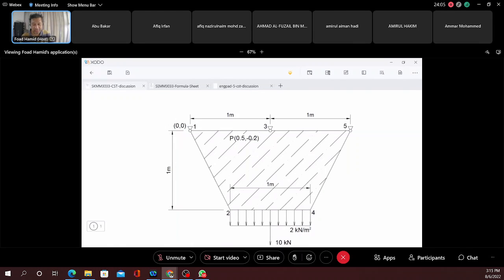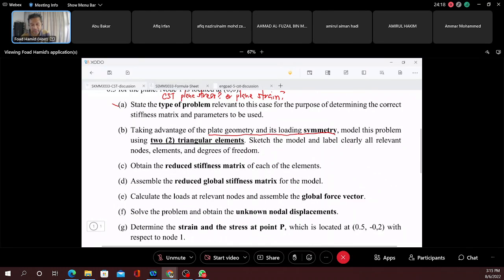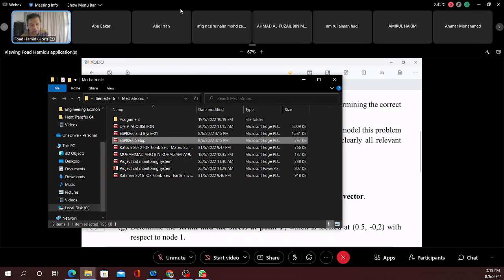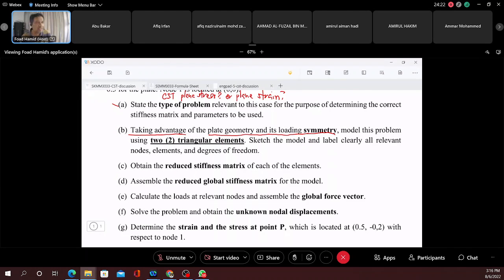So in this case, we can do a half model, not the full model. It says taking advantage, which means the problem wants you to do this using the symmetrical way, with two CST elements, two triangular elements. Sketch the model, which in this case is a half model, and label clearly all relevant nodes, elements, and degrees of freedom.